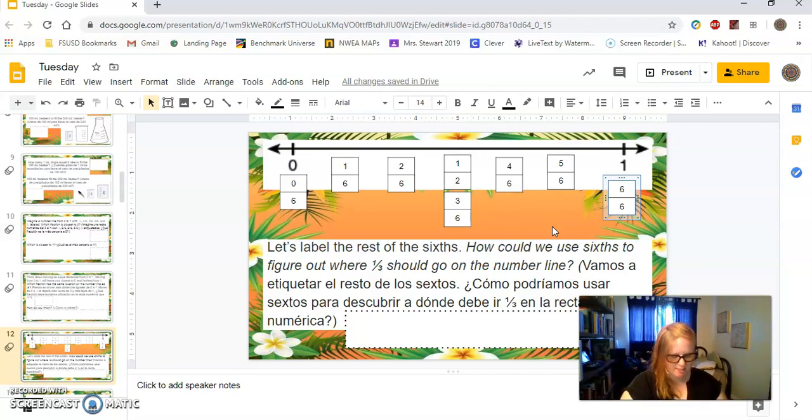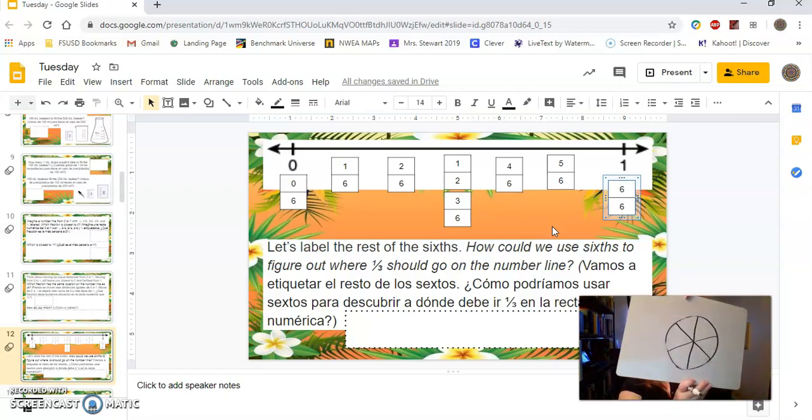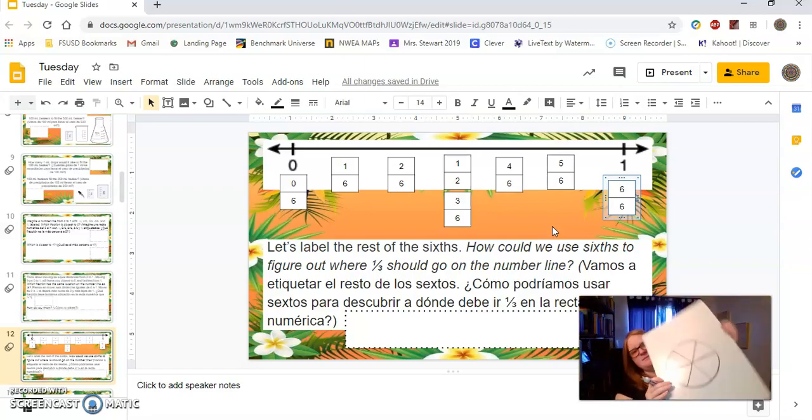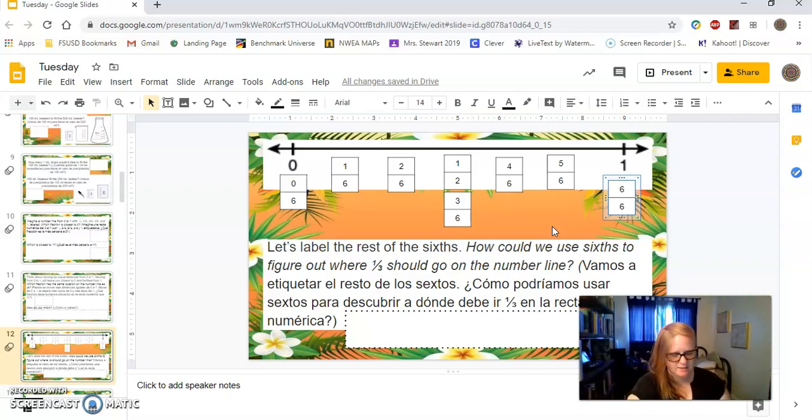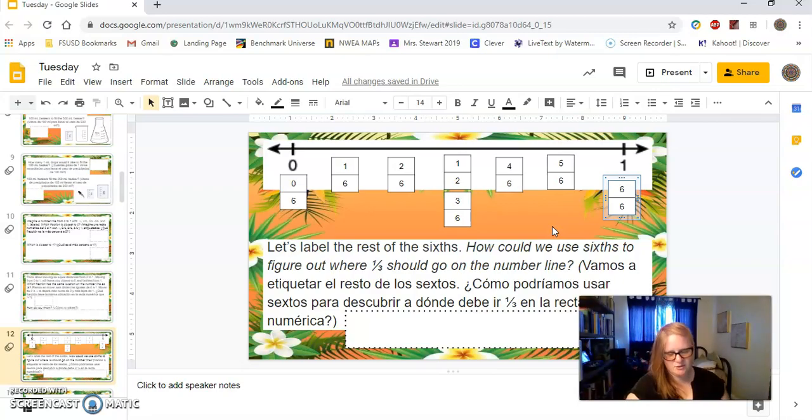So I'm going to make it into 6 first, just like I had before. So I have 6 pieces. And now, this is 1/6. And maybe it might be a good idea to have another circle that has 1/3 shaded. So I'm going to do this.